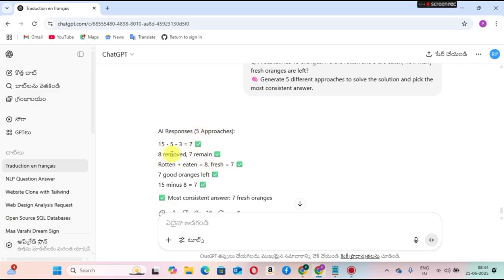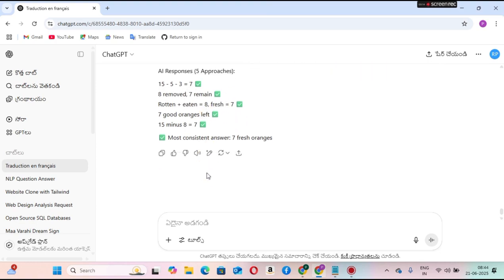The second approach is 8 removed, 7 remain. In the third approach, rotten plus eaten is equal to 8, fresh is equal to 7. In the fourth approach, 7 good oranges left. In the fifth approach, 15 minus 8 is equal to 7. So in these 5 approaches, 7 is the output that occurs most. Hence 7 fresh oranges is the most consistent answer, and the AI output the most consistent answer as 7. So 7 is our answer for this prompt.